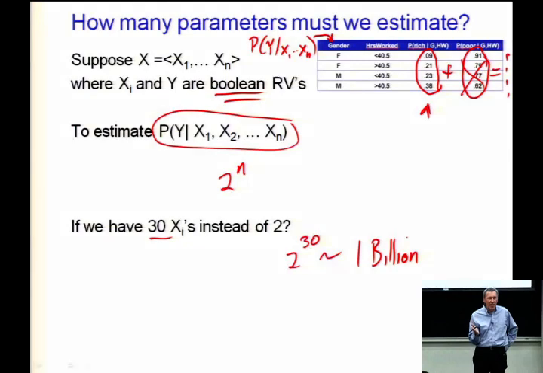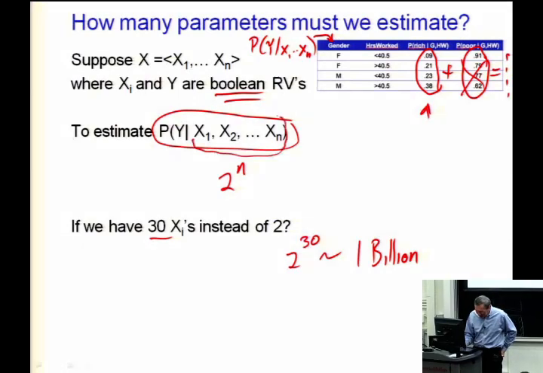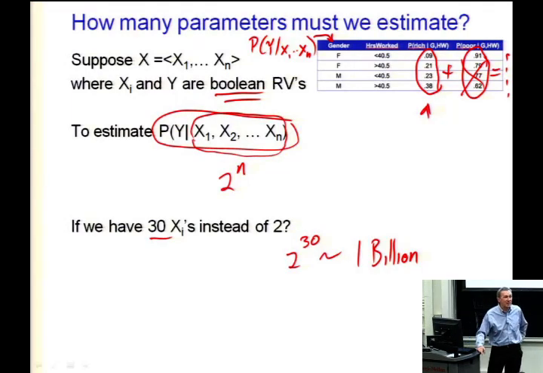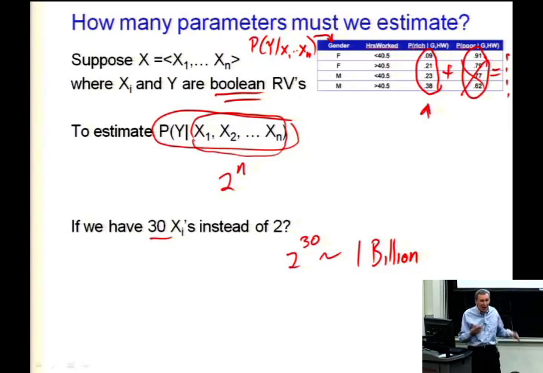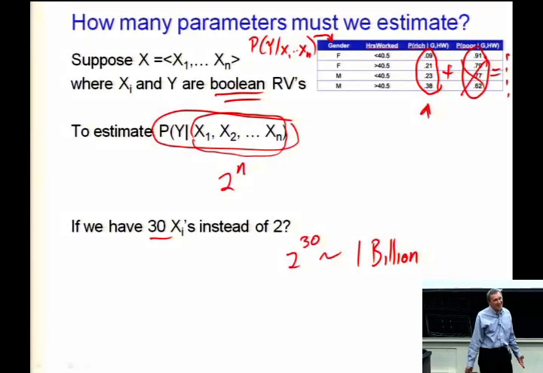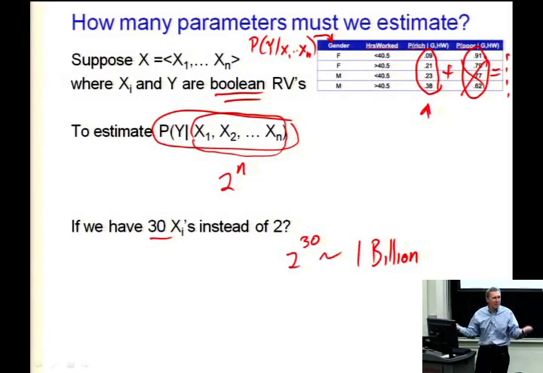I need at least a billion data points in order to have a data point that covers each of the possible instances that I'm going to see. There are 2 to the n of those possible instances. If n is 30, there are a billion possible instances. And if I'm trying to estimate this probability for every possible instance, then I need at least a billion data points. Which would be a problem if we were trying to learn to predict wealth from 30 variables in the US, because there aren't even a billion people. So in that sense, it's an insurmountable problem for us.